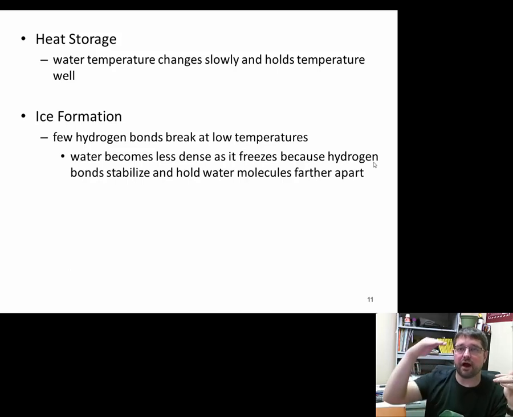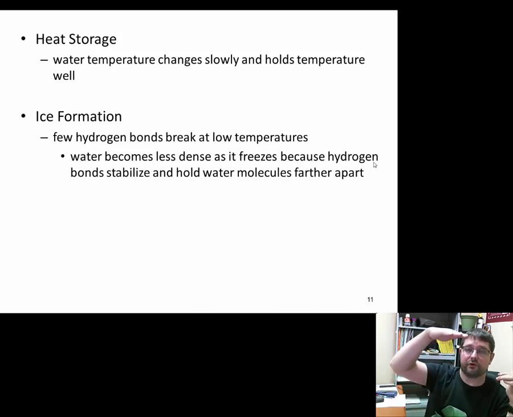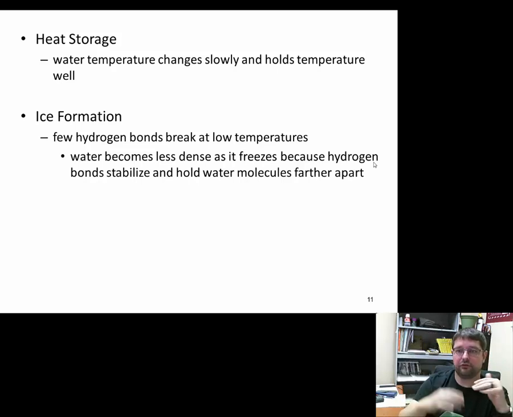Well, if ice was more dense than liquid water, when ice would form on the surface, it would sink to the bottom, and you would not be able to have any life. It would crush out the life below. And this would be especially true for lakes and things like that.